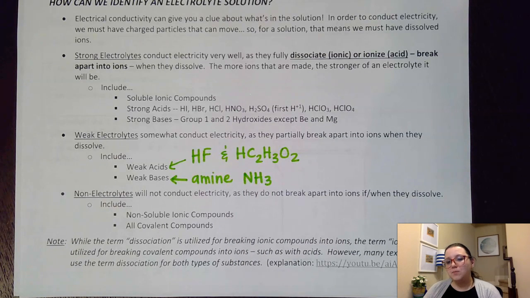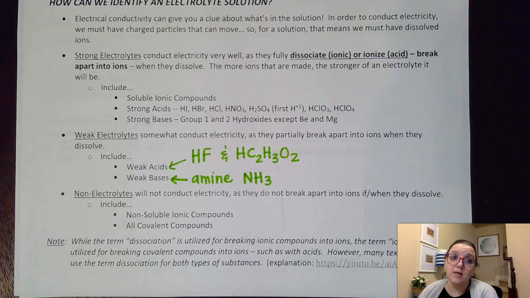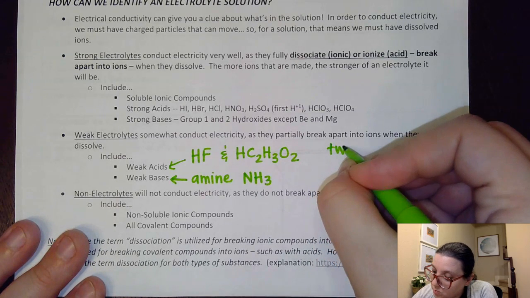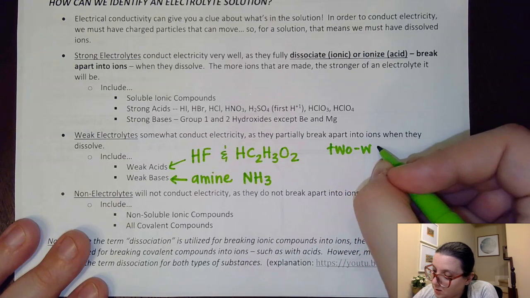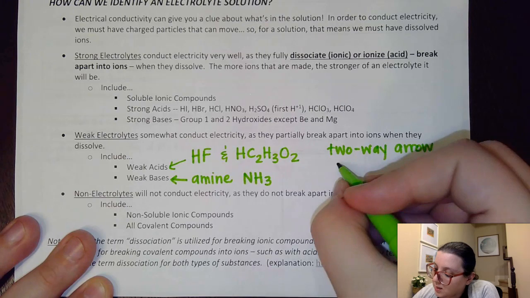One last thing I want to mention about weak electrolytes. You could write the dissolving equations for these, just like I did with the substances up above on the page. However, for any weak acid or weak base, I would want to use a two-way arrow in the equation.